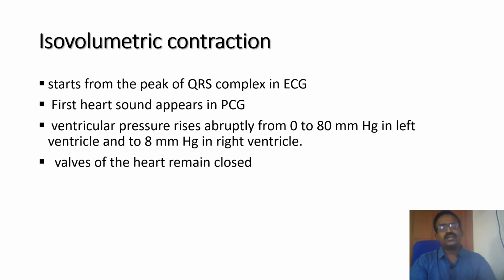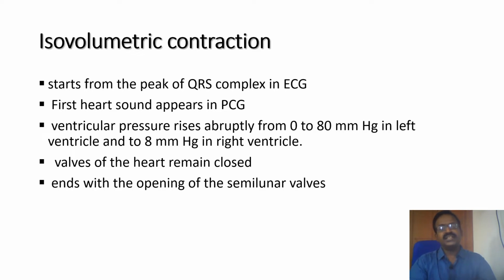The phase ends with the opening of the semilunar valves, the aortic and pulmonary valves. It is important for increasing the ventricular pressure in spite of no change in ventricular volume.